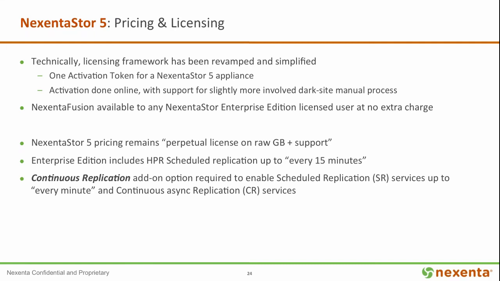To license a system in 5, you get a token. That token applies to your cluster, and all of this is now done by online activation. So you get your token and you activate your cluster online, and the system will turn on your cluster and make sure that Nexenta licensing servers have all the information that's required, but in the end, you can quickly get up and running with your solution.